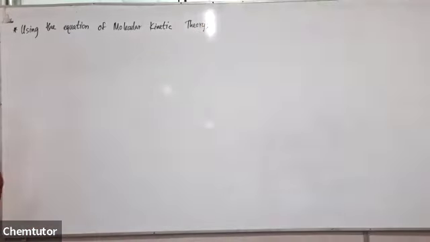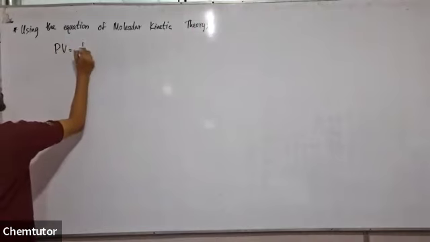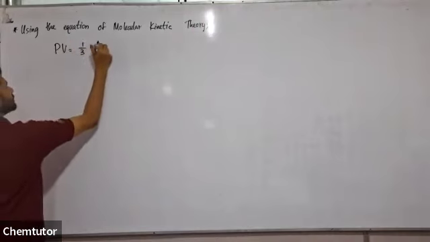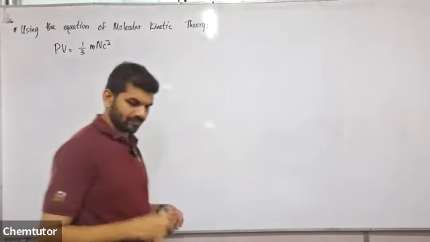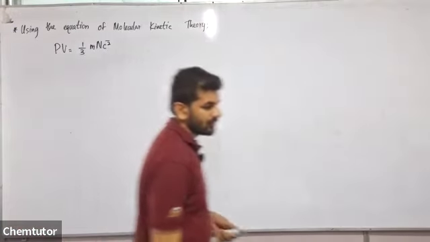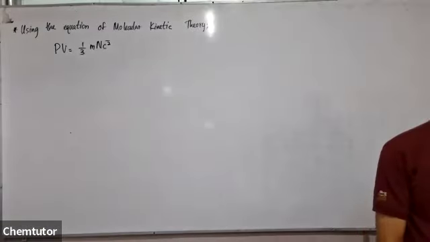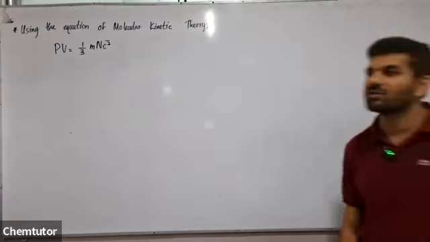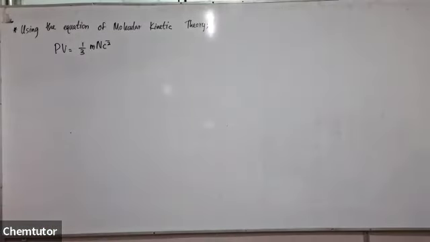We can apply PV equals 1/3 mNc squared. Now what we are going to do is rearrange the equation by multiplying by 2 and dividing by 2. Okay. So let's start.